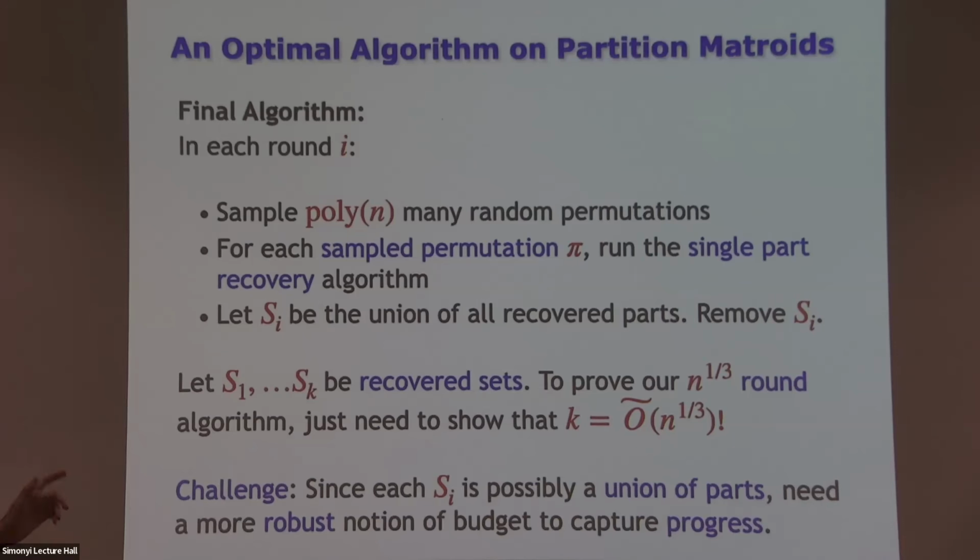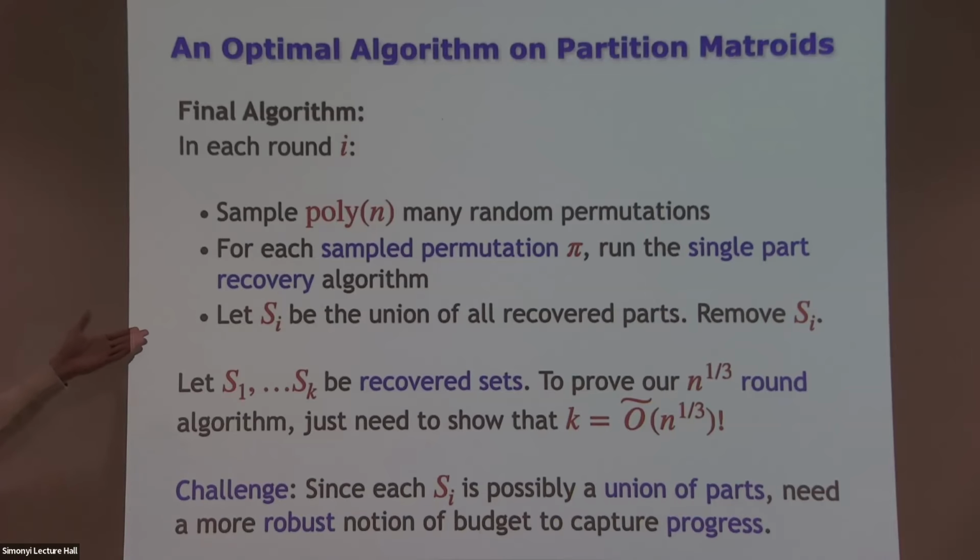But there's one challenge that arises here. In the previous example that we looked at, with square root n parts with the staircase of budgets, when we talked about how we make progress, we were always looking at which budgets have been recovered and so on. In general, the structure of partition matroids can be a little bit more intricate than that.